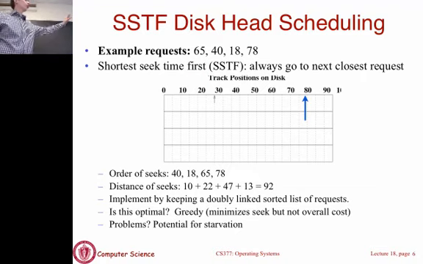Now, this is only optimizing for seek cost, because we're basically not taking into account where anything is on a specific track. But there's a variant of this called shortest access time first, or SATF. There, the idea is we want to optimize both the seek cost and the rotational cost.